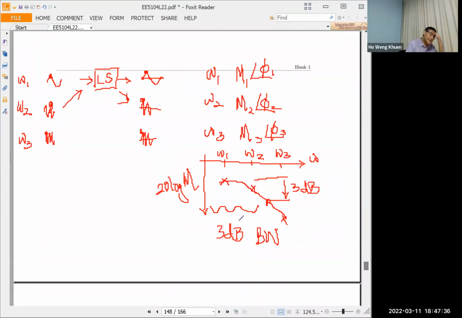Sometimes we also draw this another way. Instead of drawing it this way, we draw the real part versus the imaginary part. Real, imaginary, same thing. We always like to draw this point: phi 1, so it's an angle.